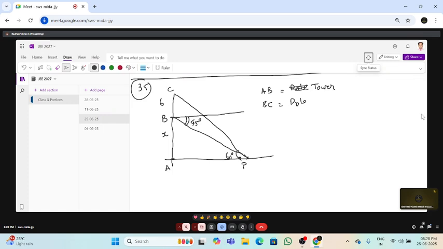What are we supposed to find now? This distance.